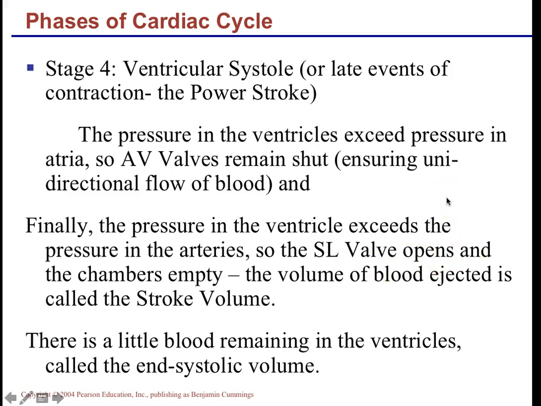All right, so now the ventricles are in the late stages of contraction, full-blown power stroke. And so finally, the semilunar valves are going to open. The atrioventricular valves above stay shut. With the semilunar valves open, your ventricles can do their power stroke, their systole, and push blood into the pulmonary artery on the right side and the aorta on the left.